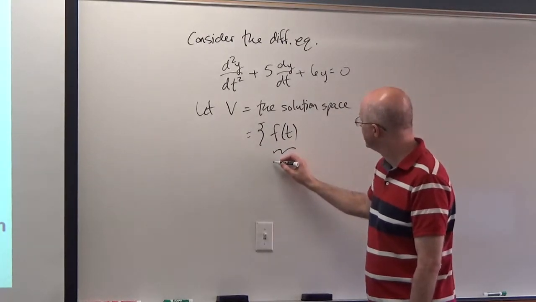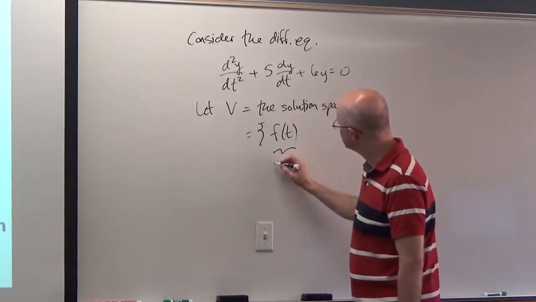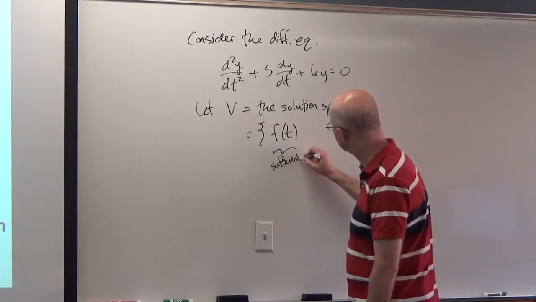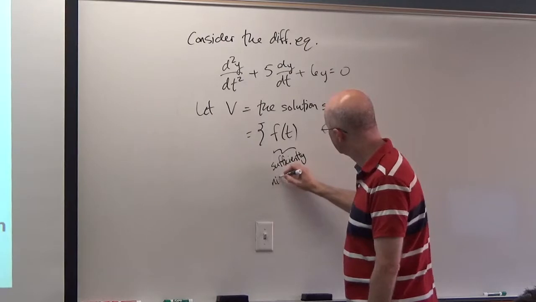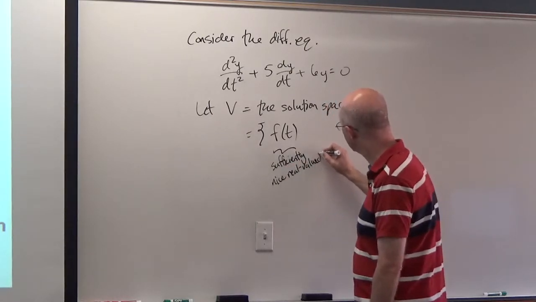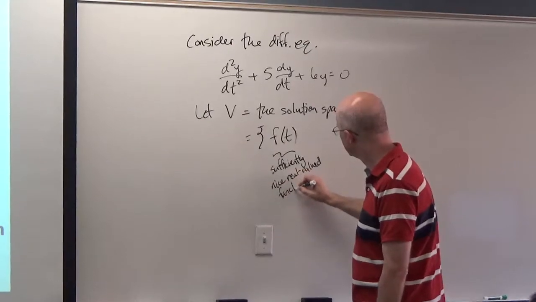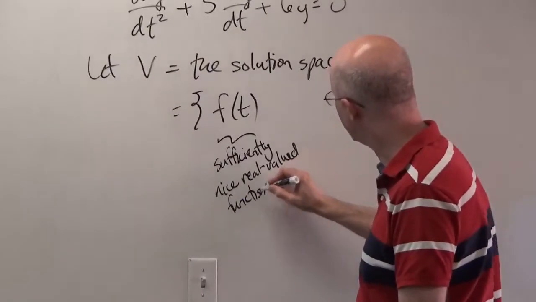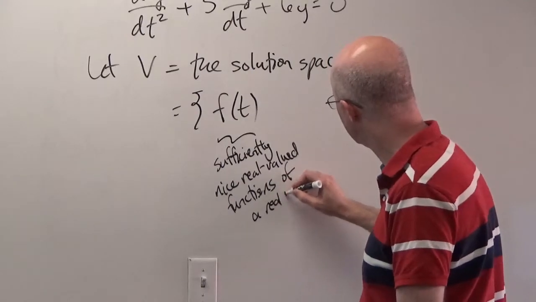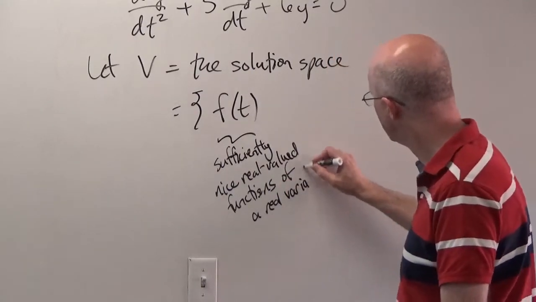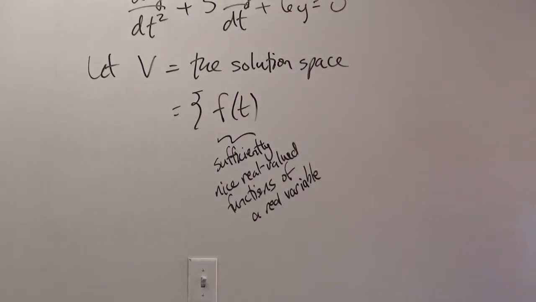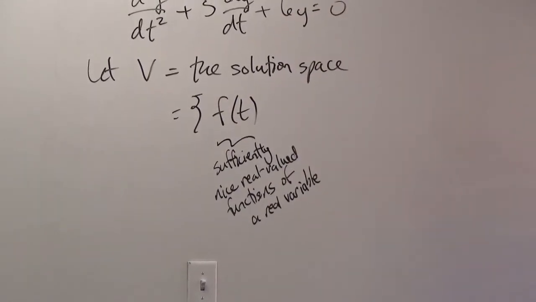These are sufficiently nice real valued functions of a real variable. By sufficiently nice, in this case, it means the second derivative exists and ideally is taken to be continuous.